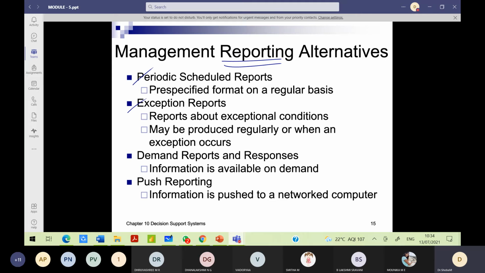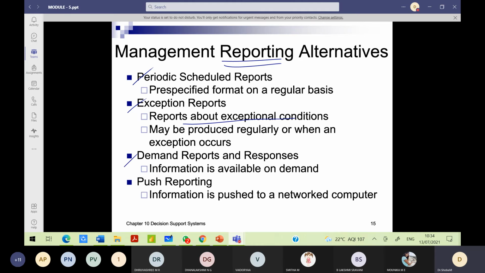Some scenarios or circumstances where some exceptions were raised, or conditions which cannot be handled. Such things also need to be reported, because in future, if the organization encounters the same sort of condition or exception, then they can refer to this particular report, and maybe produce it regularly, or when an exception occurs. And demand reports also.